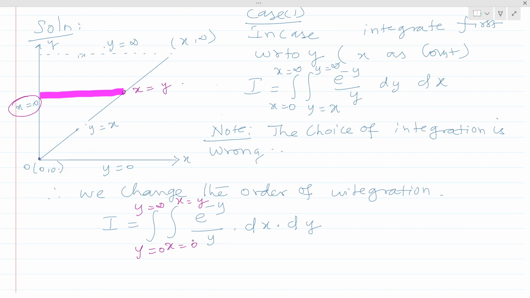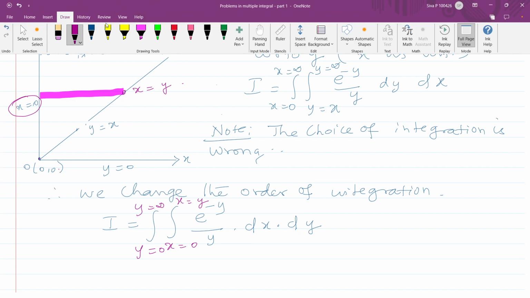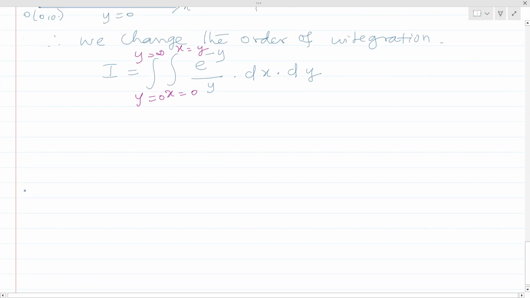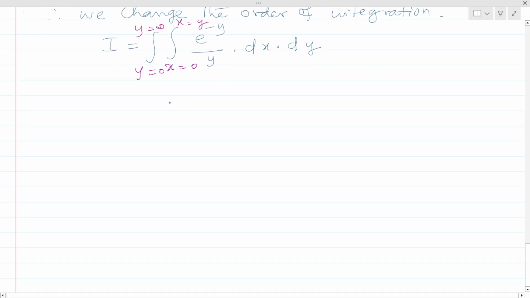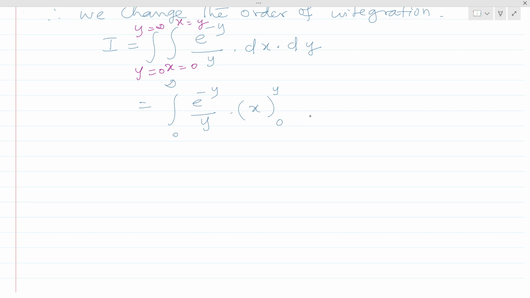Okay, now we can integrate. Let us see how to integrate and write the solution. First we have to integrate with respect to x. That means e power minus y by y, keep it as a constant. If you integrate with respect to x, it is x from 0 to y, and the integral over 0 to infinity dy. Therefore integral over 0 to infinity of e power minus y by y into y dy.